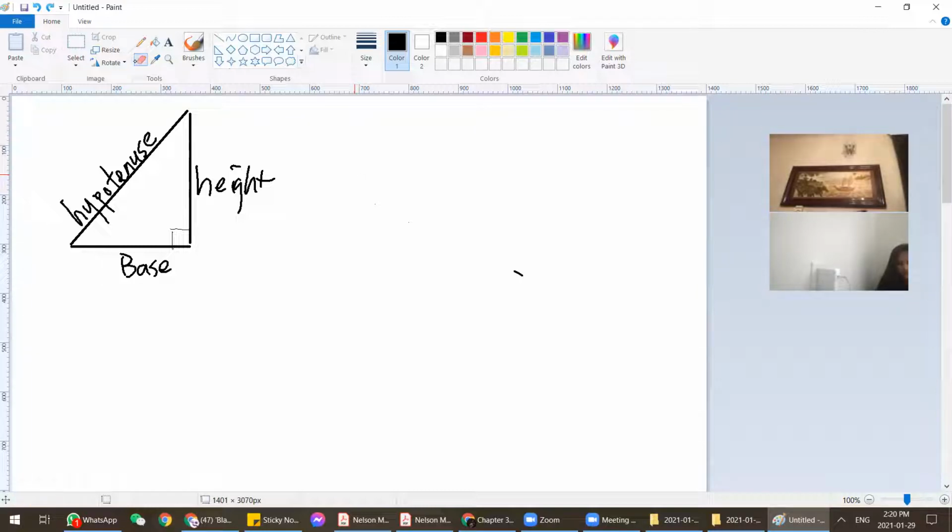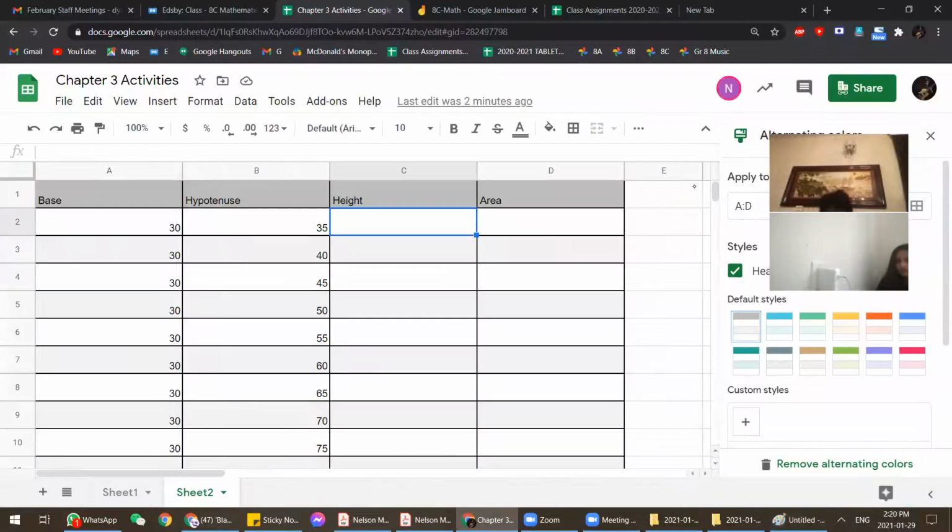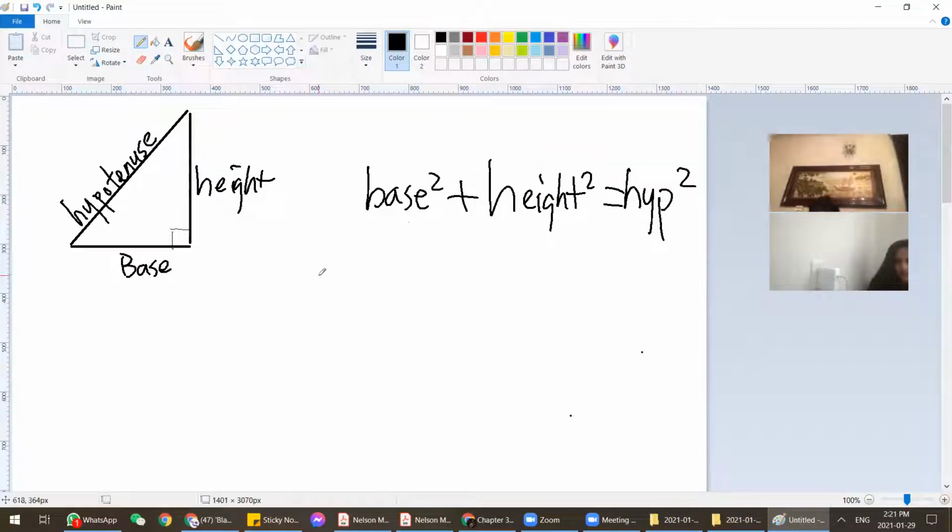In this scenario, we can replace a and b with base and height. So base squared plus height squared equals hypotenuse squared. Now, which one do we not know in this scenario, Nathaniel? Height. So how do we isolate height, Nathaniel?